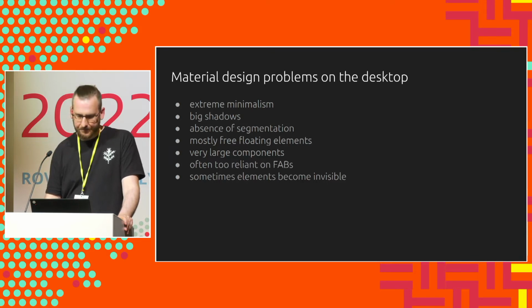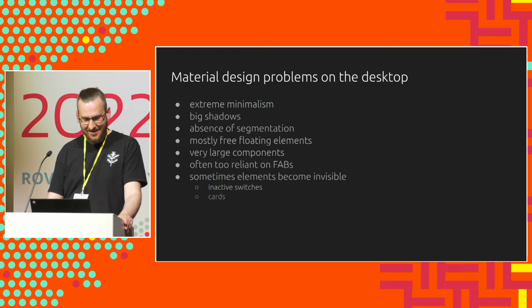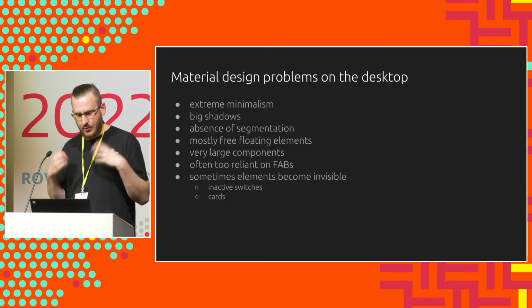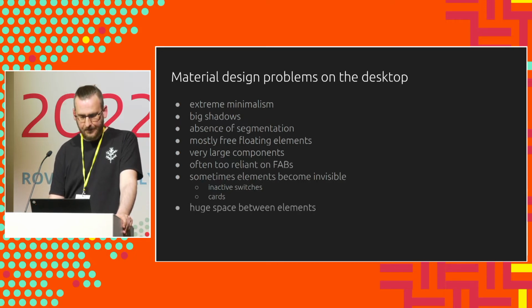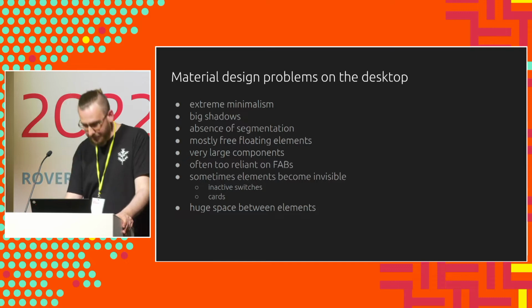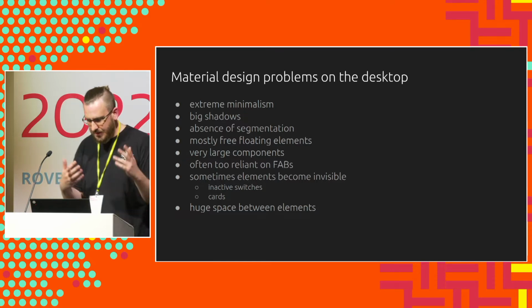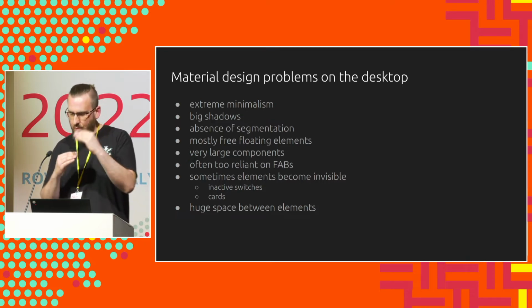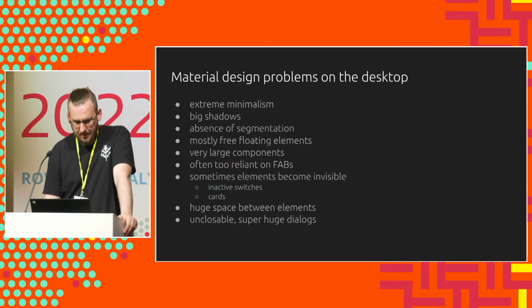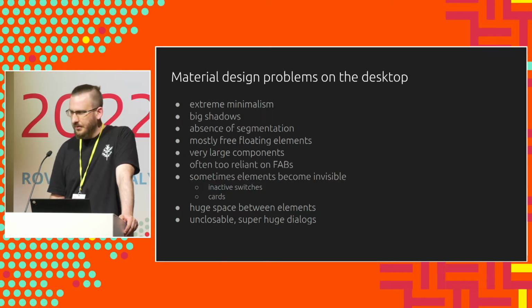And cards also make use of those elevation shadows. Again, because of the fat thumb, you got lots of huge space between elements. For example, in a list view, every element is quite large. And the material dialogues don't have a close button, which is sometimes quite useful if you want to get rid of it.